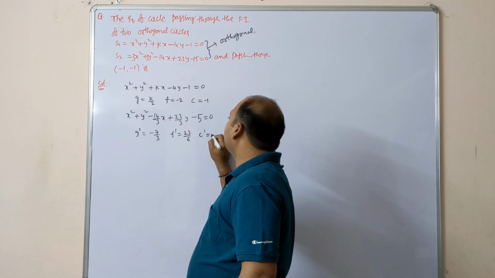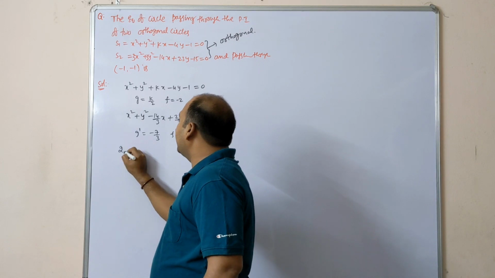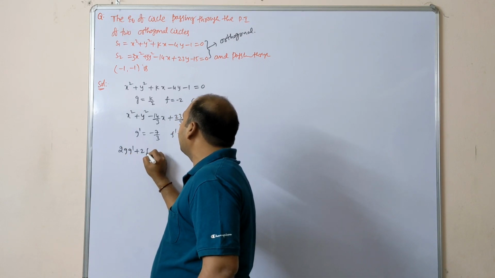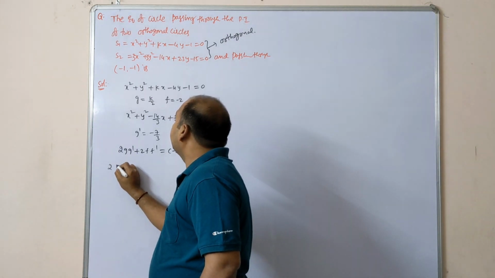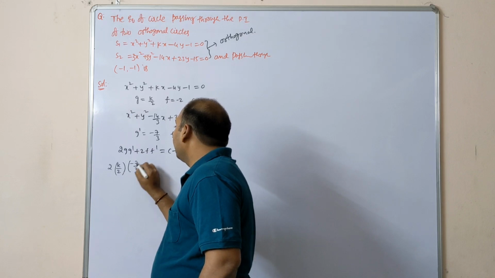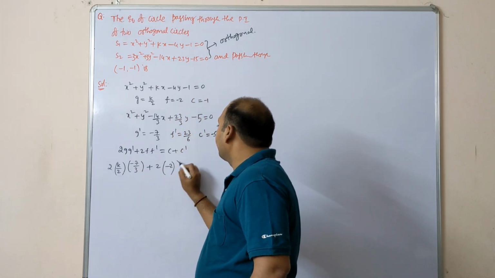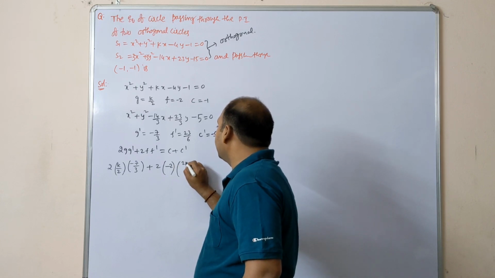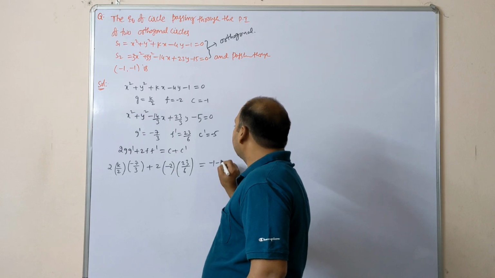C dash equal to minus 5. So apply the orthogonality condition: 2gg dash plus 2ff dash equal to c plus c dash. So 2 into g value k by 2 into minus 7 by 3, plus 2 into f value minus 2 into f dash value 23 by 6, is equal to c plus c dash, minus 1 minus 5.